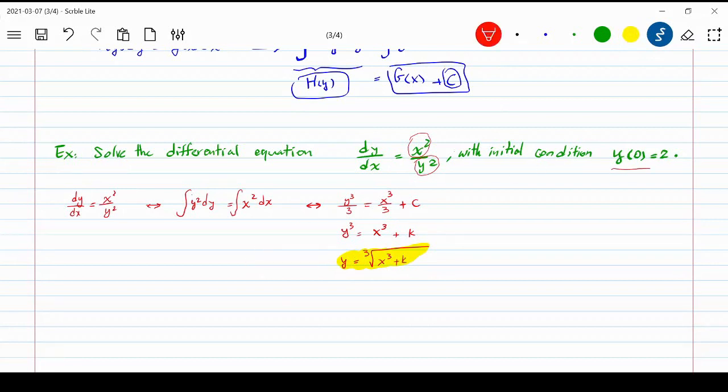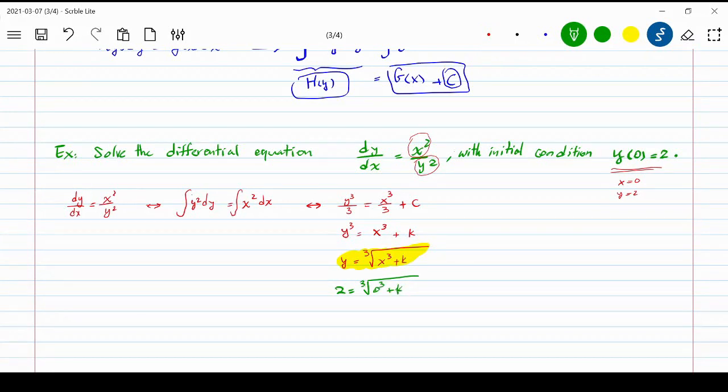But now this initial condition is given, which means that we want to find the particular solution. So if x is 0, we know that y must be equal to 2. If we replace 2 into the equation, what you get is 2 for y and 0 for x, so 0 cubed plus k.